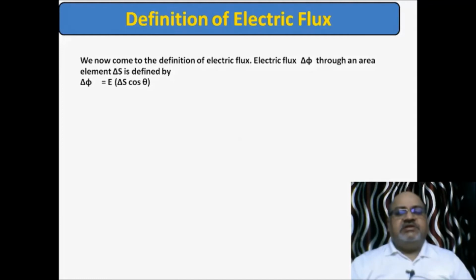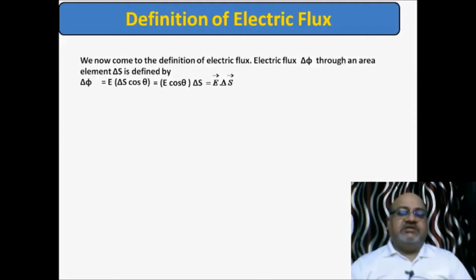So delta phi, the electric flux or change in electric flux, is a product of electric field and the component of area perpendicular to the electric field. Or we can say this is a product of the component of electric field intensity along the normal and the area of the area element, both ways.